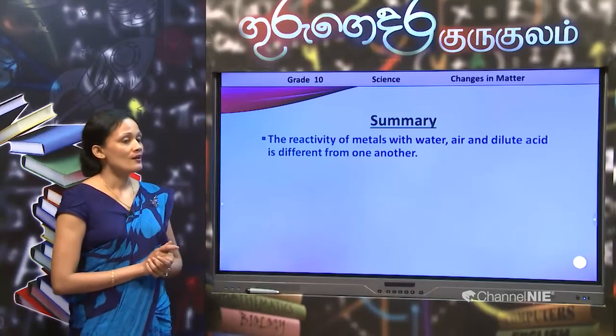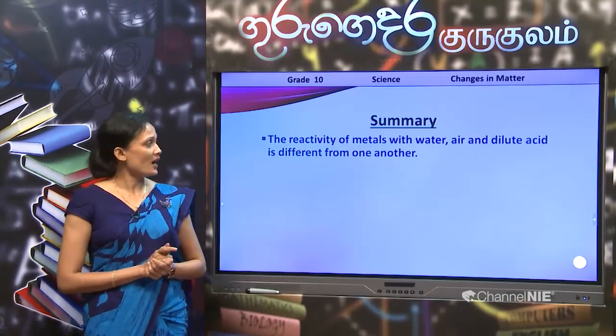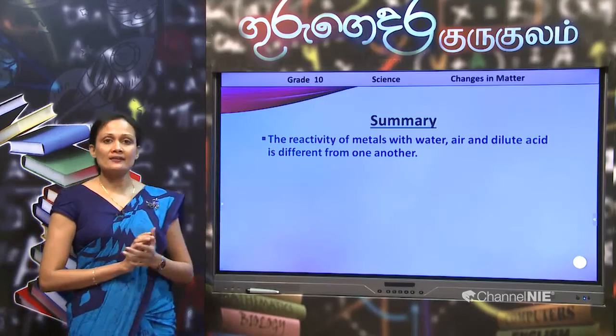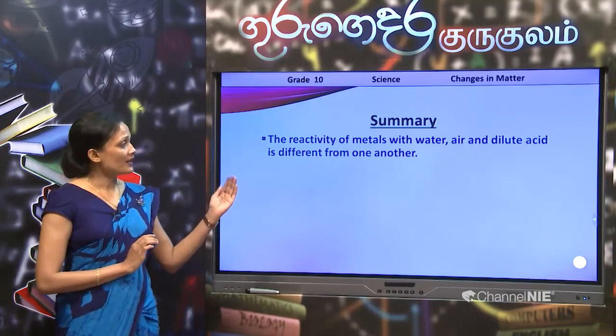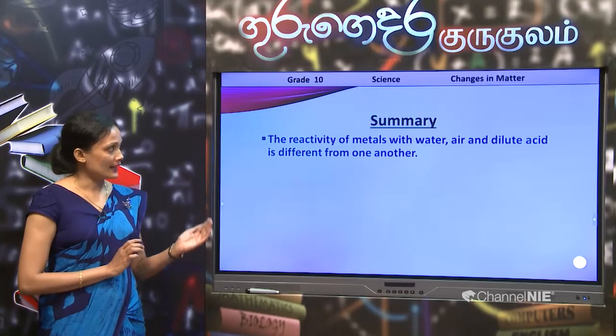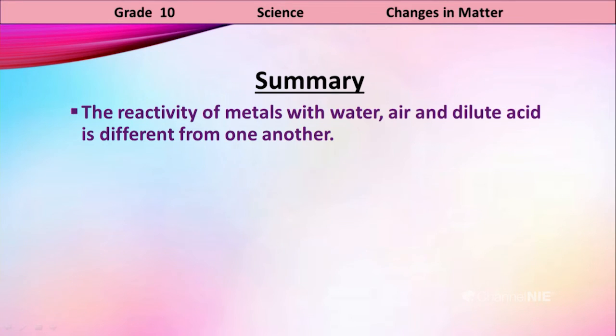Okay children, now we come to the end of today's lesson. So I am going to summarize the things that we learned today. We discussed the reactivity of metals, how metals react with water, air, and dilute acids.